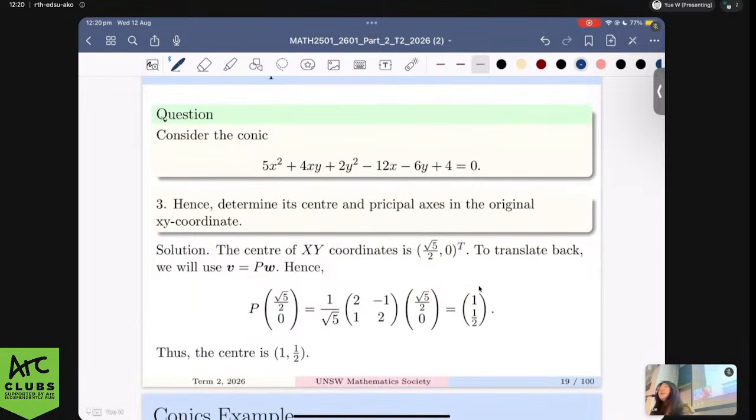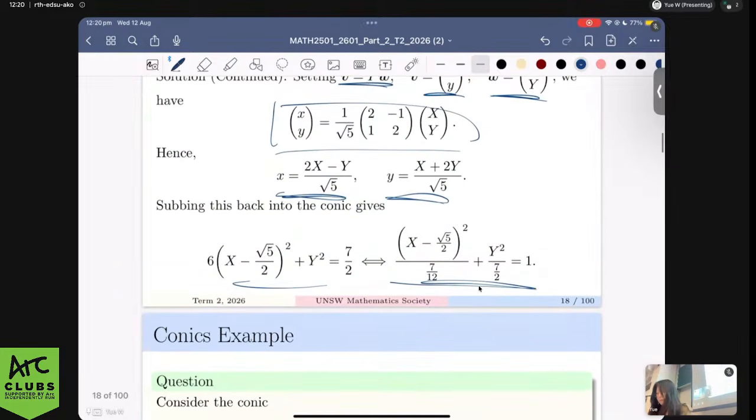Okay, so that's the tedious stuff out of the way. Now we're moving on to determining the center and principal axes in the original xy coordinates, right? So if you look at the thing from before, you know that the center has to be at square root of 5 over 2 and 0, right?